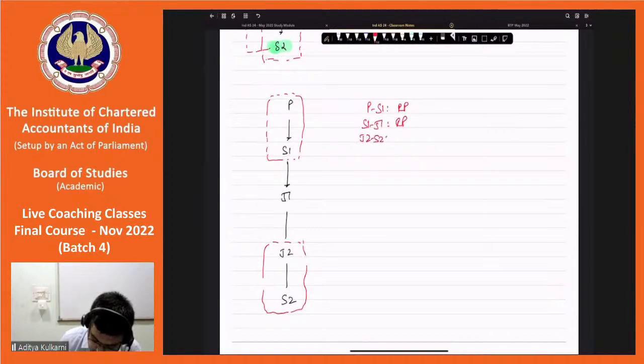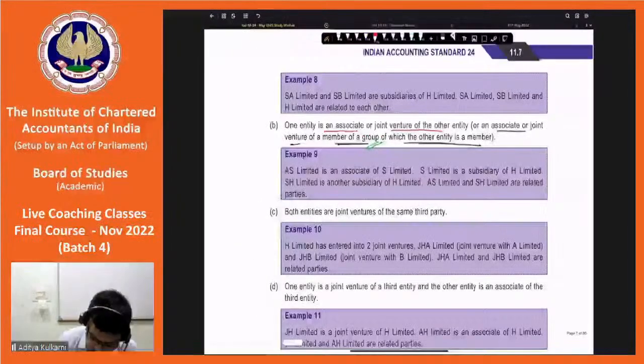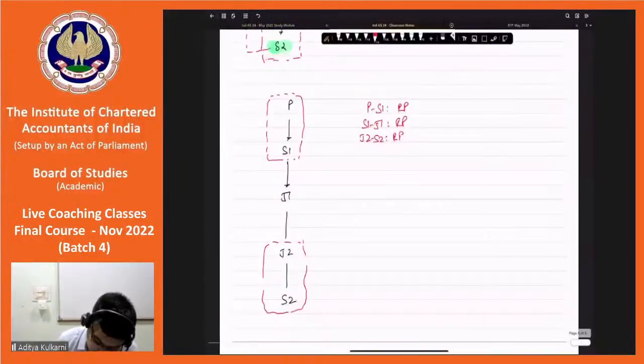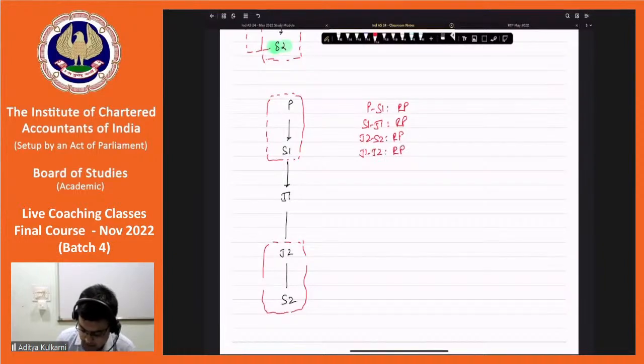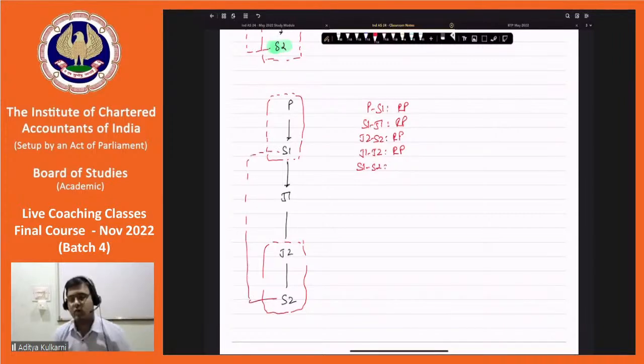J2 to S2 related parties. J1, J2 related parties. S1, S2. What do you think? Are they related parties now?